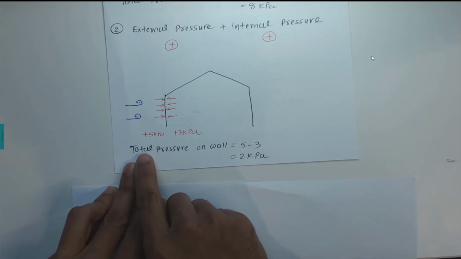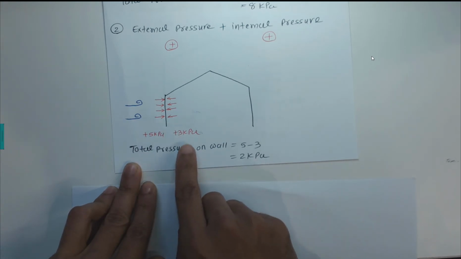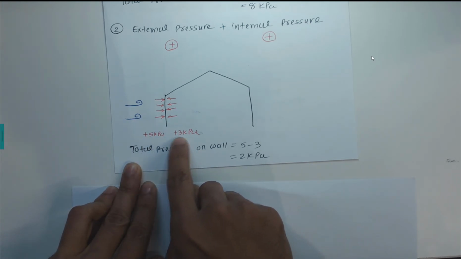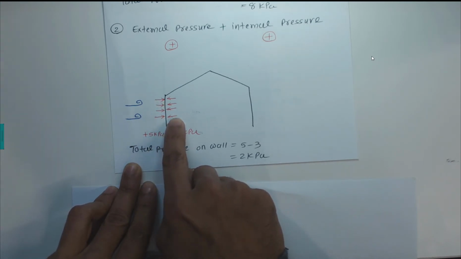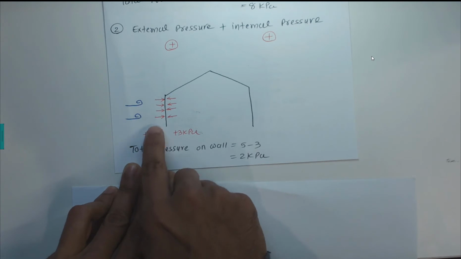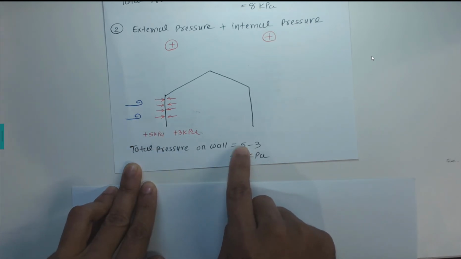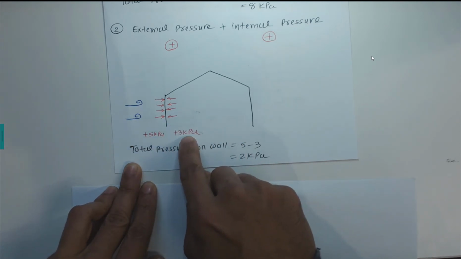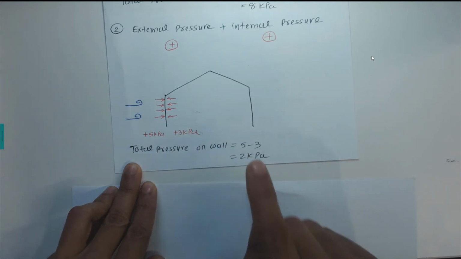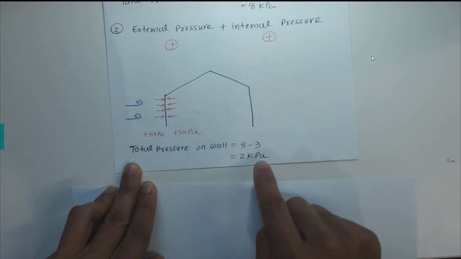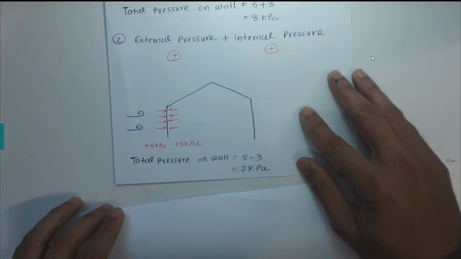Again we find the total pressure on the wall. Here again we ignore the sign, but we look at the direction of the pressure. This 5 is going left to right, so it is positive. The internal pressure is going right to left, so it is negative, so the total pressure on the wall becomes 2 kilopascals. So these are the 2 cases.